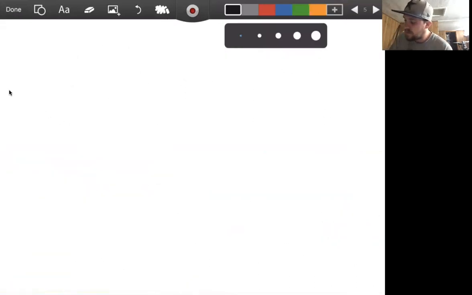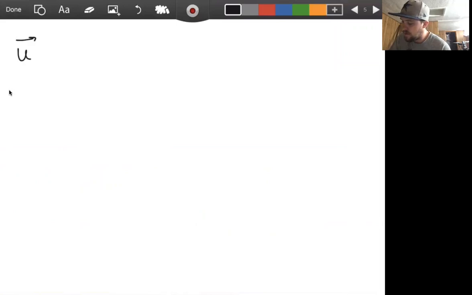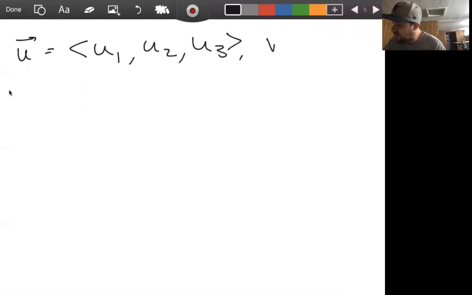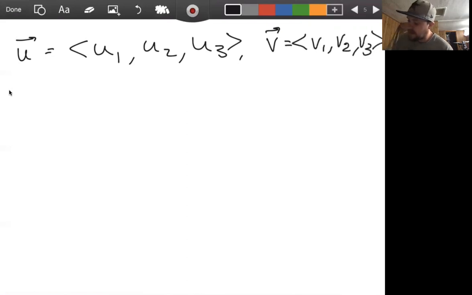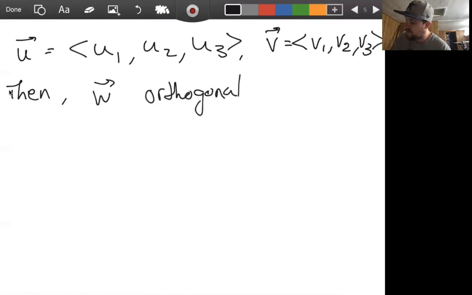What we've learned is that if u is u1, u2, u3, and v is v1, v2, v3, then w that's orthogonal to both of them, right? Then w orthogonal to both can be represented as follows.